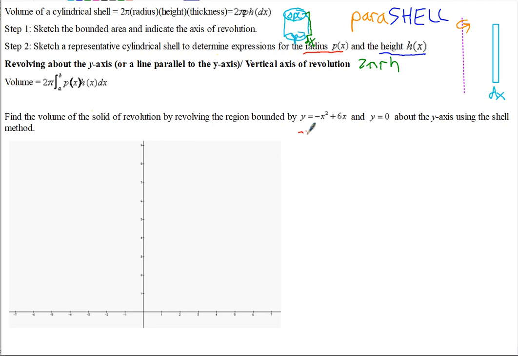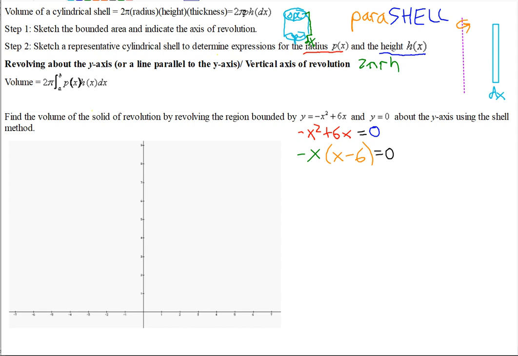Set negative x squared plus 6x equal to 0. And then solve that. In this case, you can factor out a negative x as a GCF. And then what you're left with is x minus 6 equals 0.